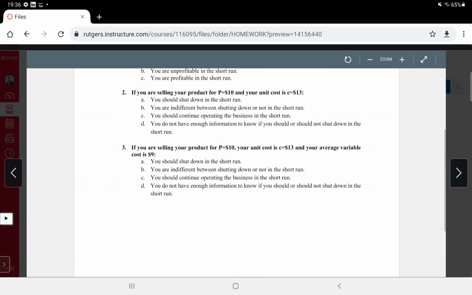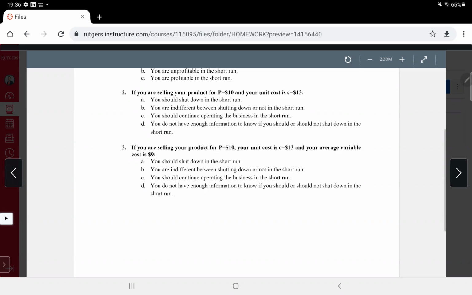If you're selling your product for $10, your unit cost is $13, and your average variable cost is $9. And we saw that if the price is greater than the average variable cost, we do not shut down. Because right now, we are losing $3 per unit, right?